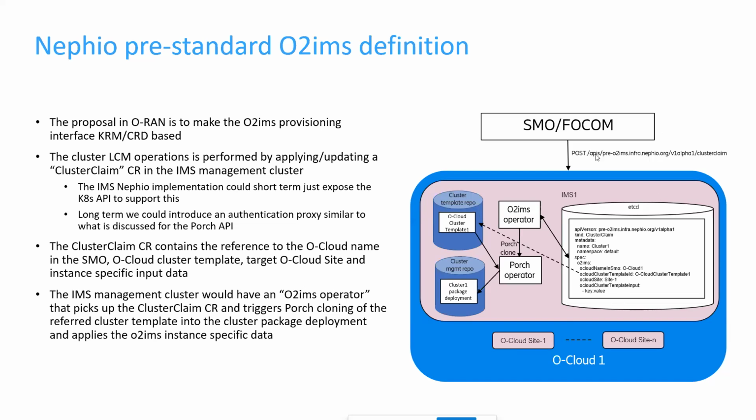And here the thinking is that if we have a KRM CRD based API, that API is enabling you to send down this CRD or CR resource into the IMS, and then the IMS will have the operator logic to proceed with the next steps after that. Okay. Yeah, because I see the title of the slide is NFVO pre-standard, so I know it's in the context of Kubernetes cluster. Yeah. But then I also see that ORAN is agnostic of all these things.